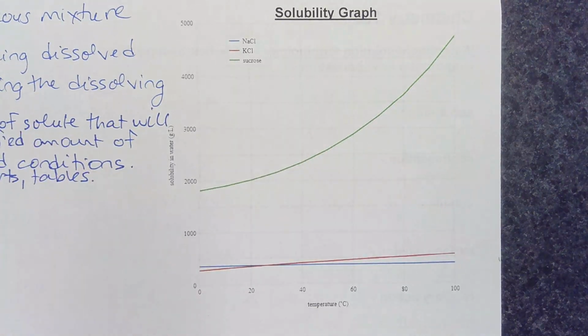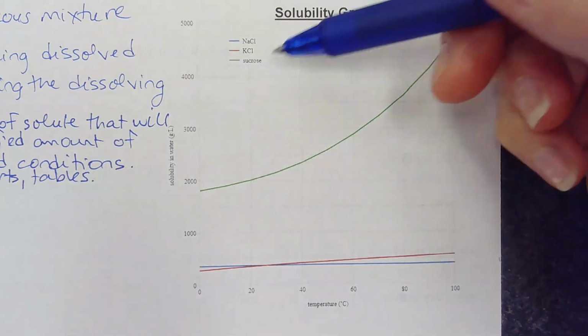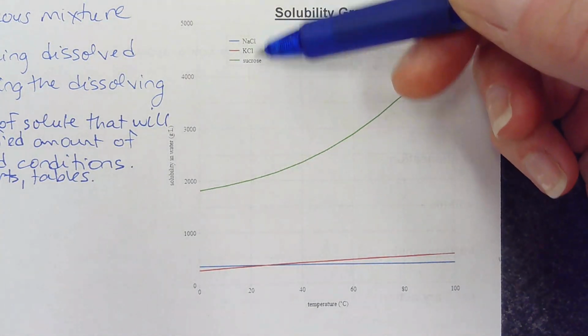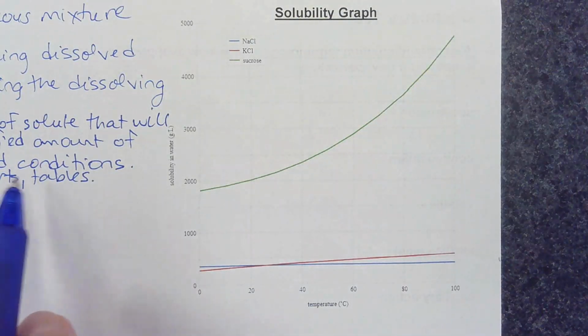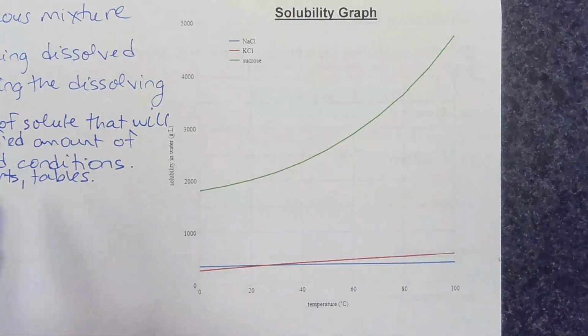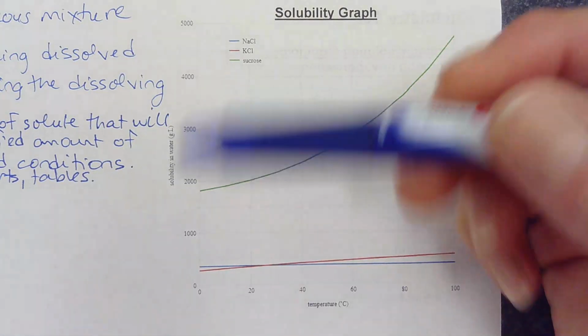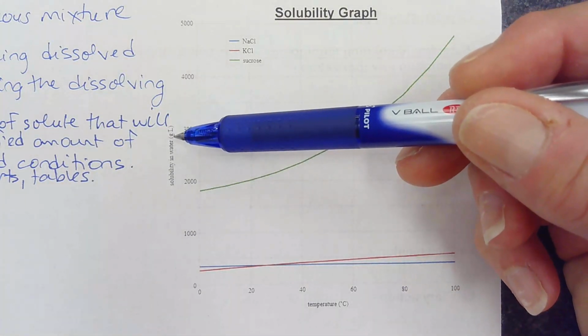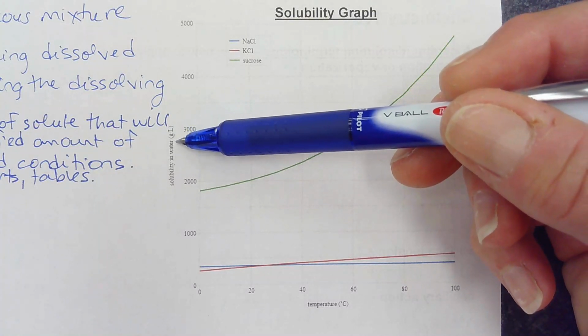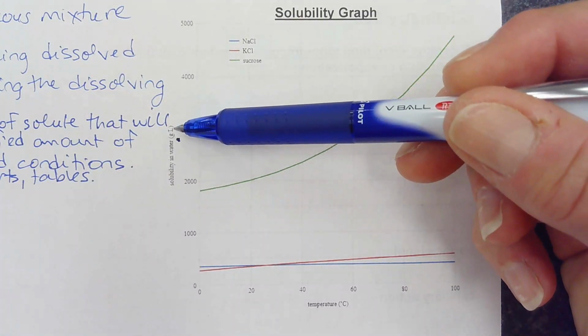Now let's go back to the solubility term. Solubility says the amount of solute, are these solutes? Yes, the amount of solute dissolved in a specified amount of solvent. What is the specified amount of solvent? How much? It's right over here. Know the amount of solvent.